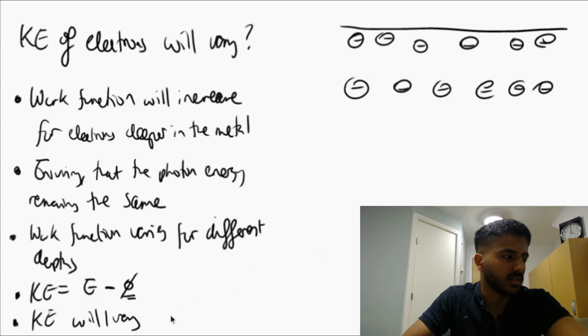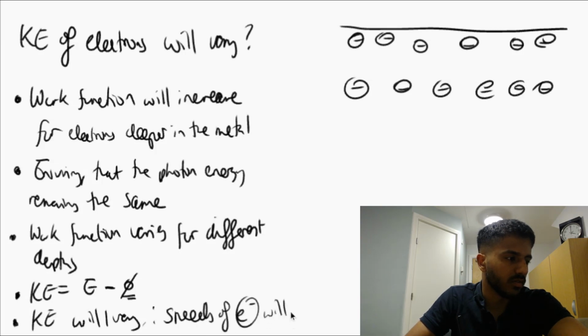So if the kinetic energy is varying, then you'll see that the speeds of electrons released will vary as well.